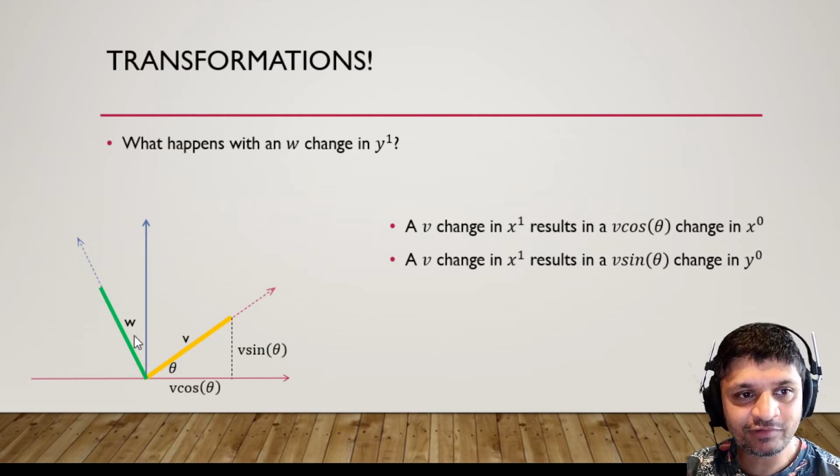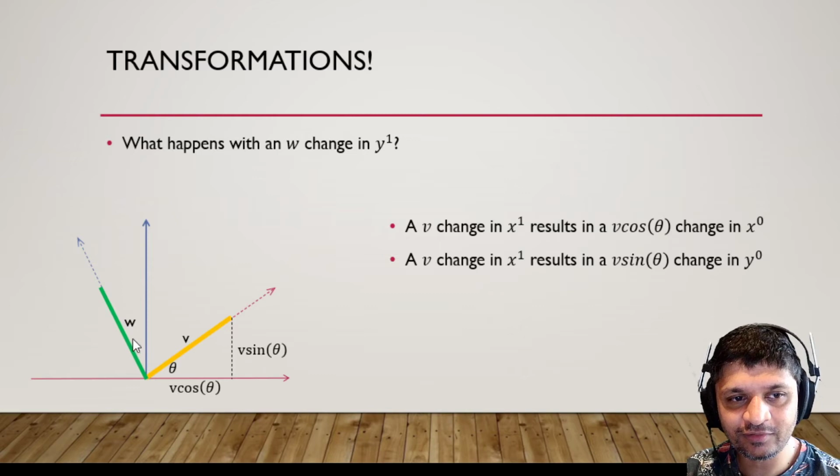Now, what happens if we have a w change in y1? So we moved along the x-axis, but we also want to move along the y-axis. I'm going to leave this as an exercise for you. Think about it. This angle will also be theta, simply because of the 90-degree relation between these axes.